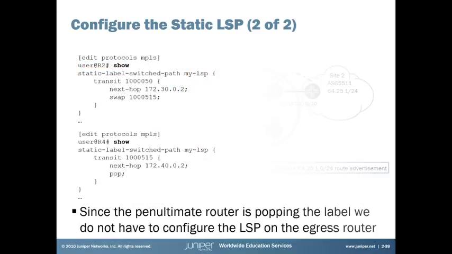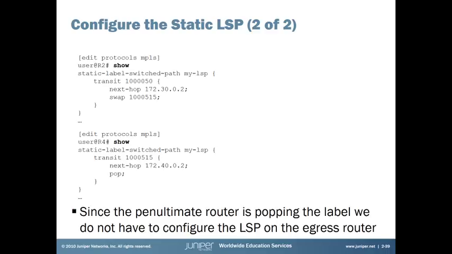And then if we go and take a look at our transit router, R2, we have the label switched path name reference there. We have the transit statement, then the label value that we're expecting to receive for this label switched path, the next hop router, so the next router along, and then a swap value.